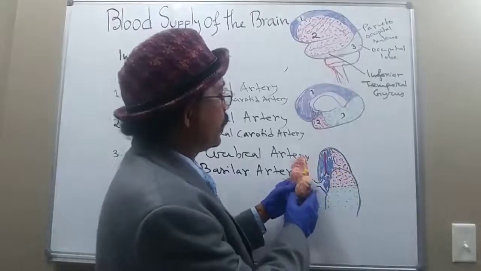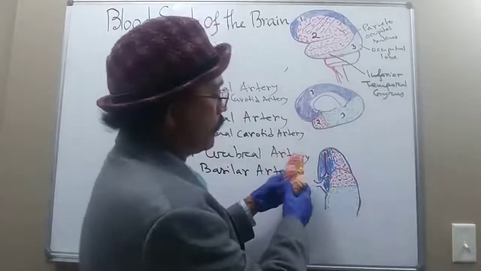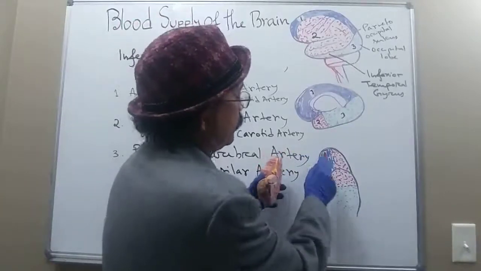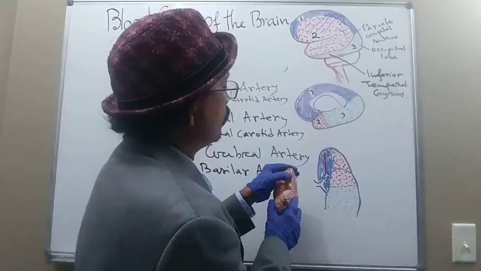Here, if we compare, it is from a different cerebral hemisphere. This is the gyrus rectus. This part is supplied by the anterior cerebral artery.